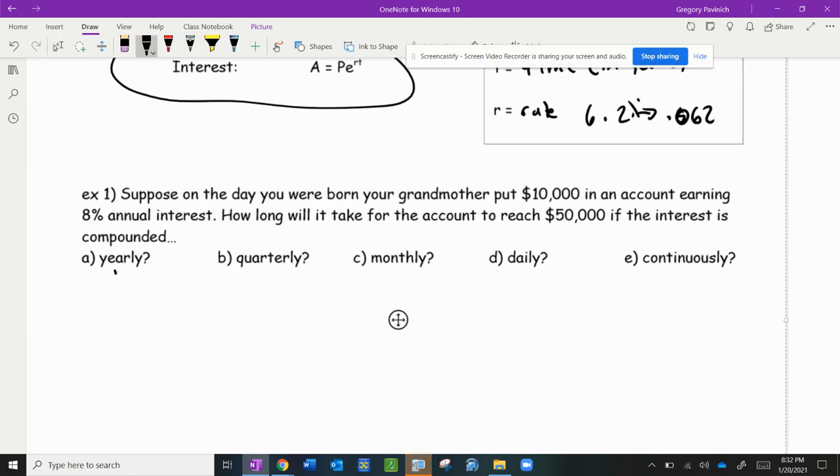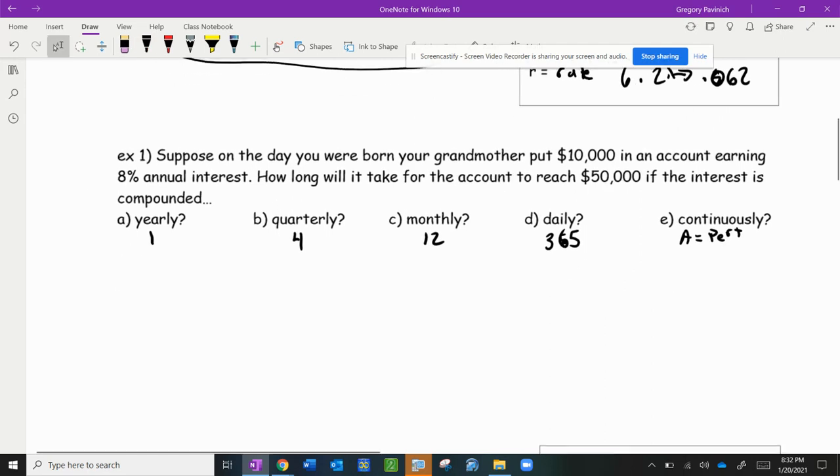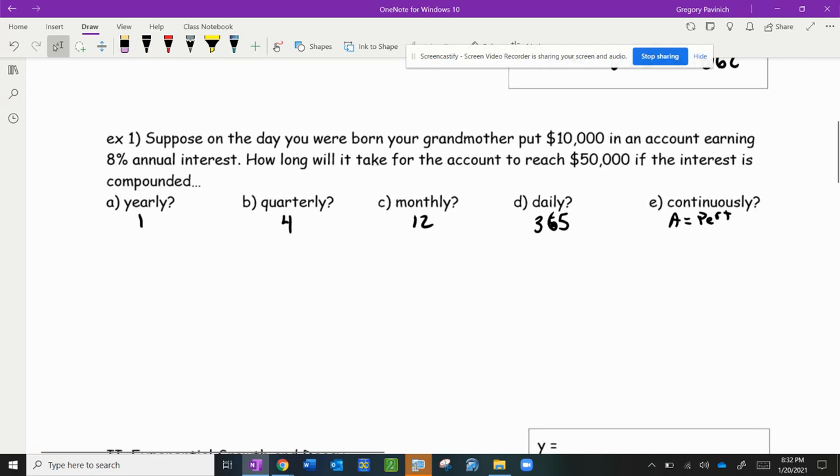So yearly would be 1, quarterly would be 4, monthly would be 12, daily would be 365, and continuous is A equals Pe^(rt). Good thing they didn't have weekly.